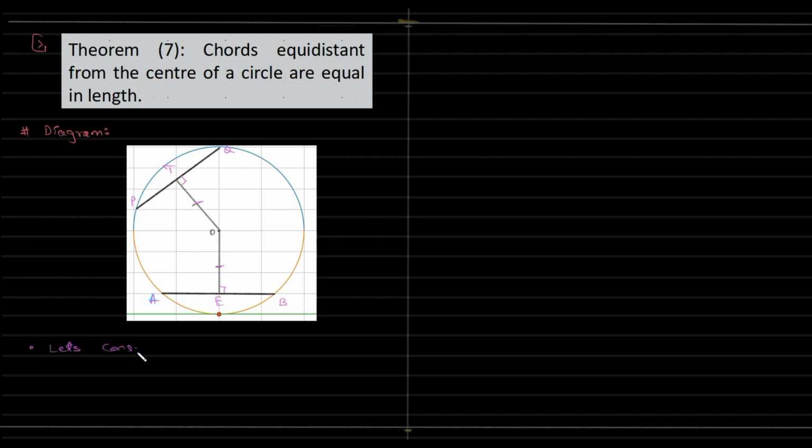Let's consider a circle with center O. Let AB and PQ be two chords.